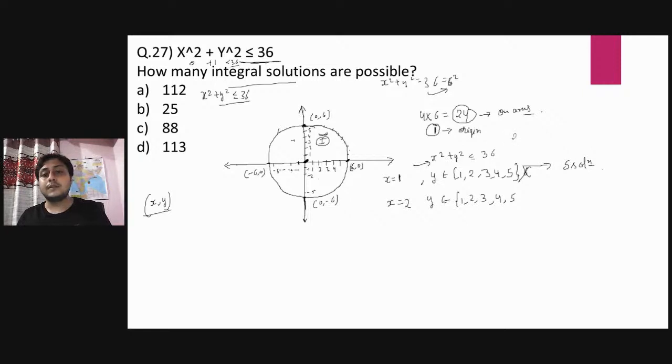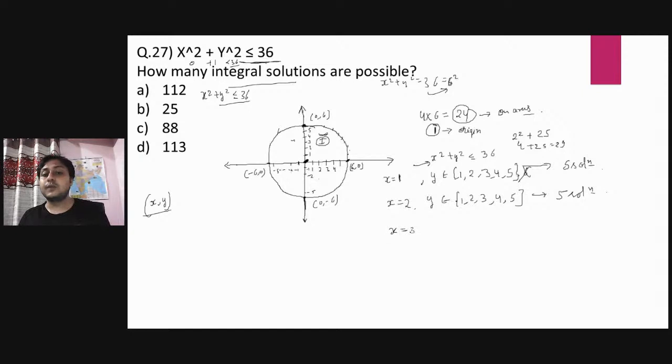When x is 2, that means 2 square plus y square. y can be 5, and 5 square is 25, 2 square is 4, 4 plus 25 is 29. 29 is less than 36. So we can take y equals 5, but we cannot take y equals 6, right? So how many solutions? 5 solutions.